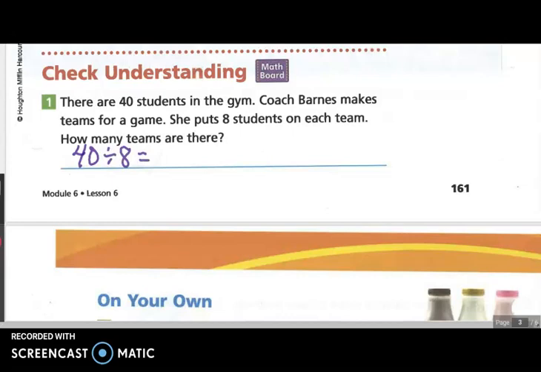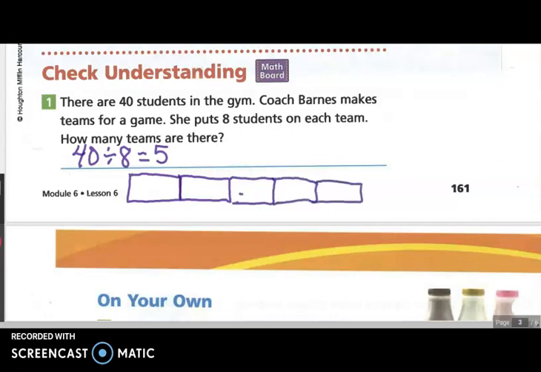Now, we could draw our bar model, right? It does equal 5. How many sections are we dividing it into? What are we dividing by? 8. Our divisor is 8. So we would need 8 rectangles. And what are we going to put in each of those rectangles? 5.